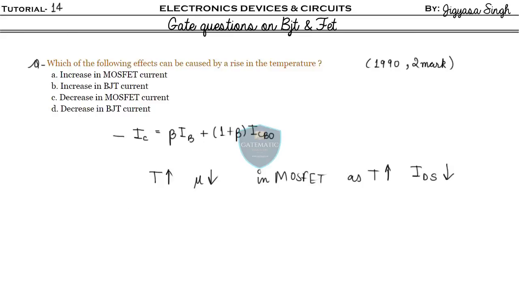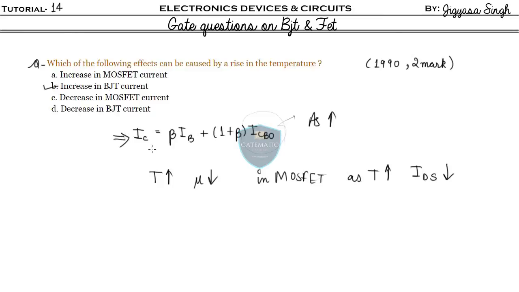Now let's talk about our BJT. I wrote this formula over here. We know that this current is dependent entirely on the temperature, so as the temperature increases, this current increases, and as a result IC increases. Right or wrong?